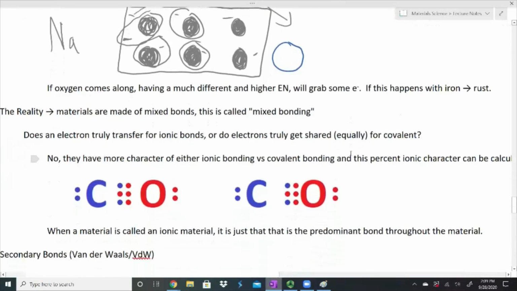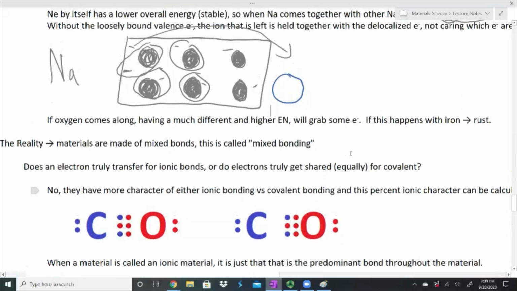All right, so really quick before we get to secondary bonds, in reality, all materials are made up of mixed bonds. And what that really is talking about is it's saying that, well, first off, an electron truly doesn't transfer for ionic bonds. It just gets really, really close to one of the atoms compared to the other. And for covalent bonds, do they actually get shared equally? Usually not. One of them still wants that electron a little bit more than the others, and so it kind of looks like ionic because it's still pulling it a little bit closer.